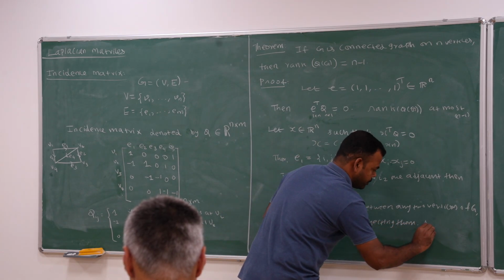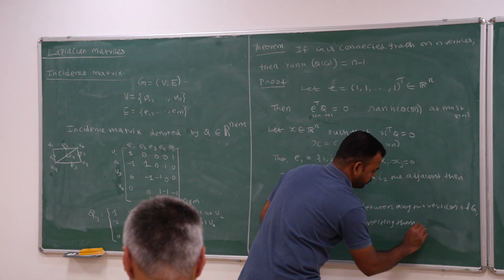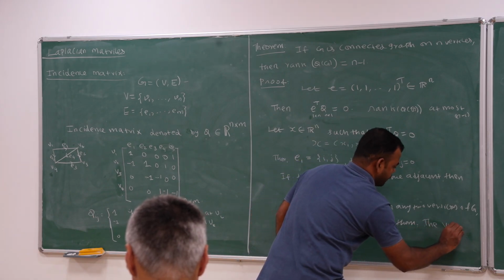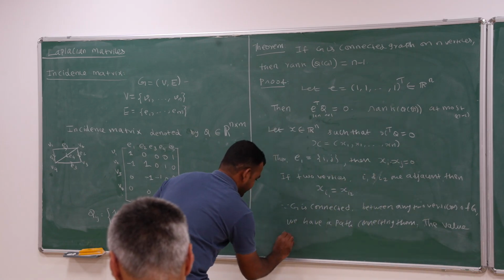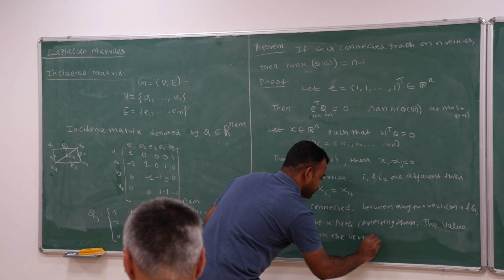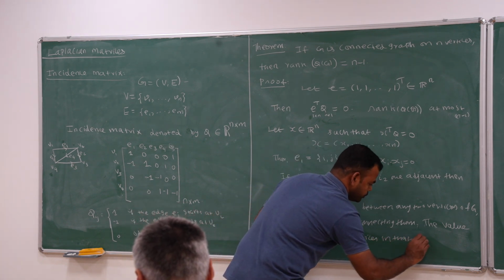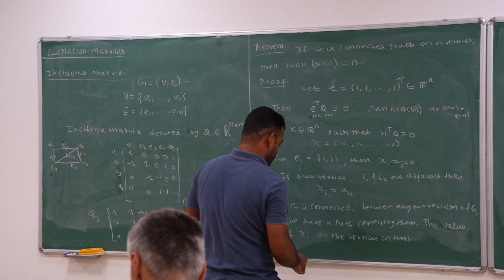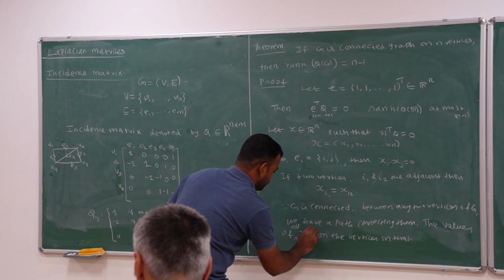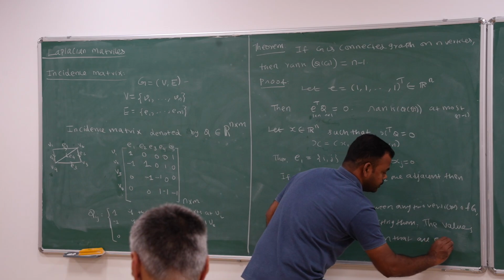and along that path the values of xi on the vertices in that path, the values of all xi's on the vertices in that path are the same, are equal.